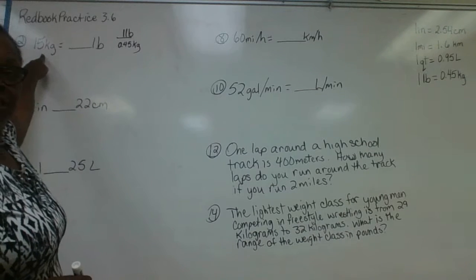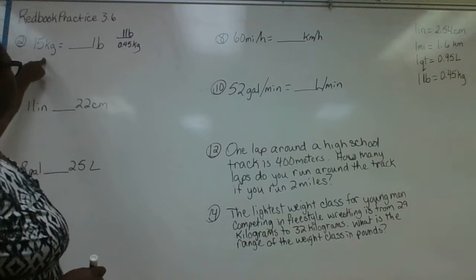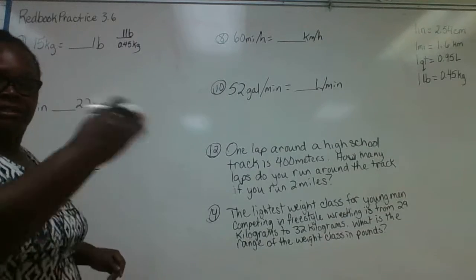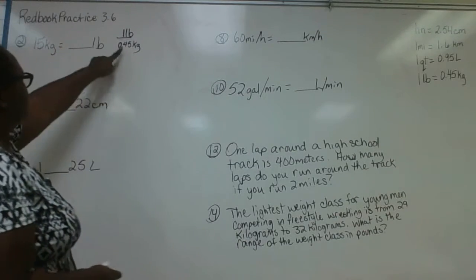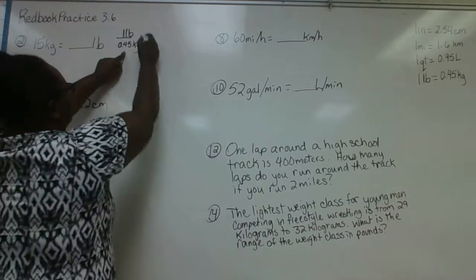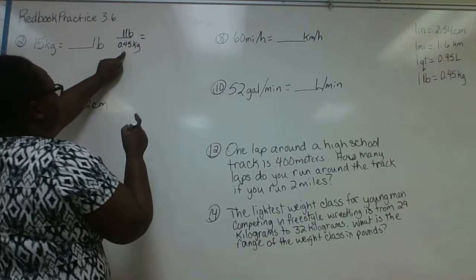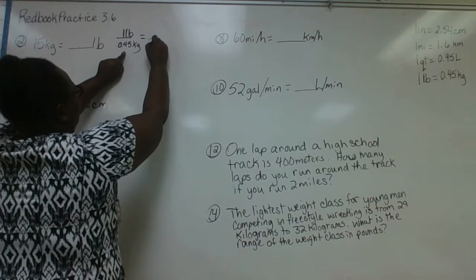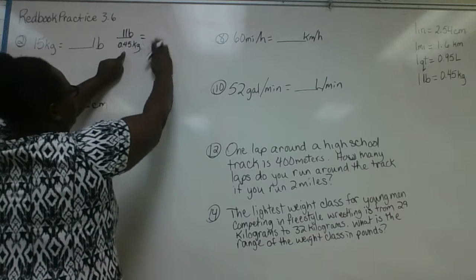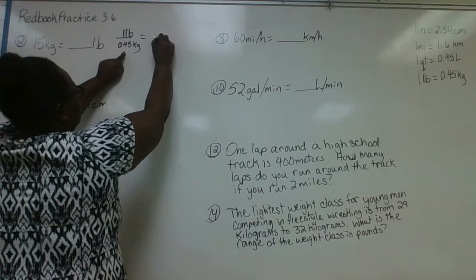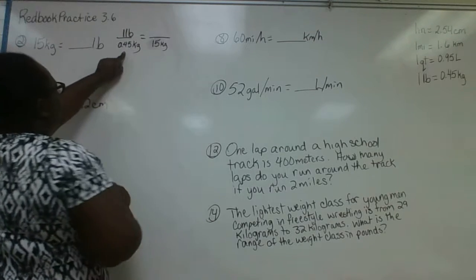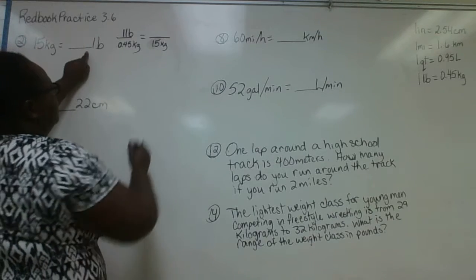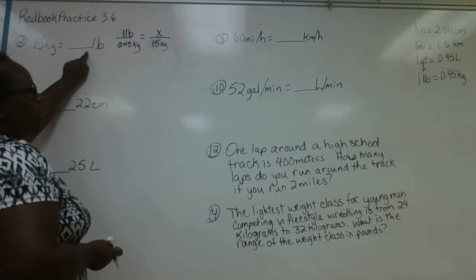We have 15 kilograms. Since we have 15 kilograms, remember it's kilogram to kilogram. So if the kilogram is in our denominator, then when we set up our proportion, the kilogram will be in our denominator, 15 kilograms. And then we need to know how many pounds that is. We don't know how many pounds that is.